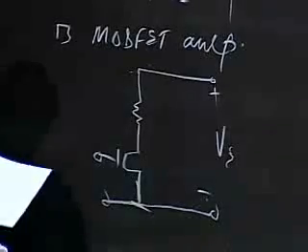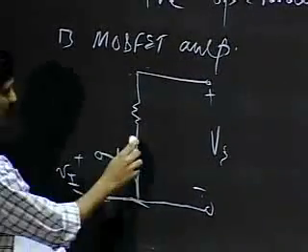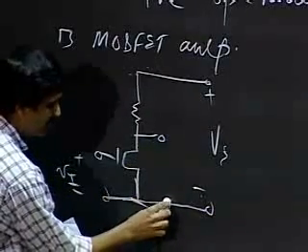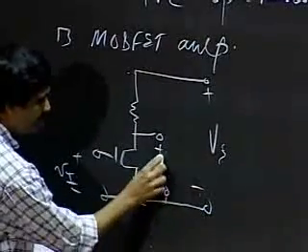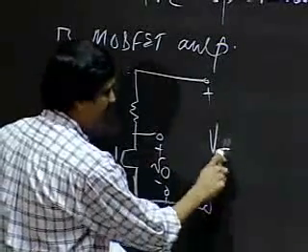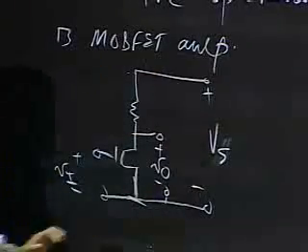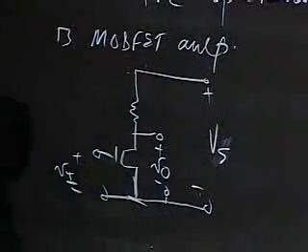There's a VS supply. There was a VI input, a VO output, and as I said, a VS supply. So this was a MOSFET circuit that you've seen before.